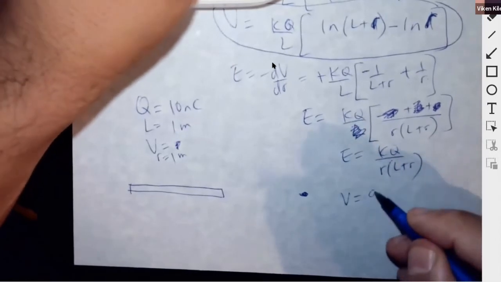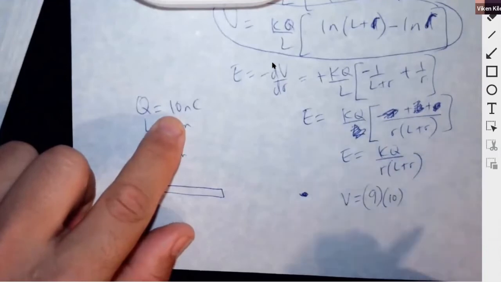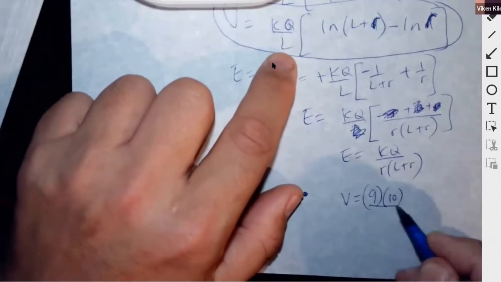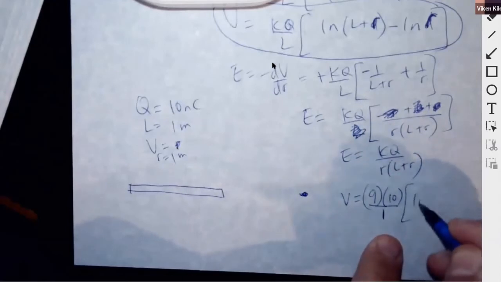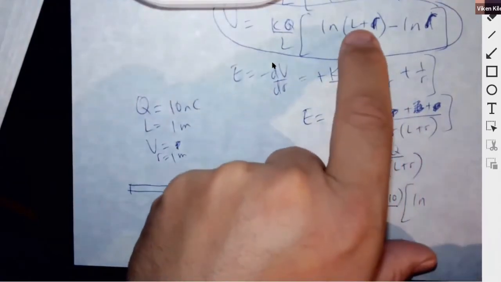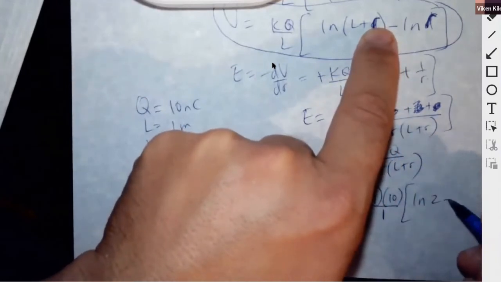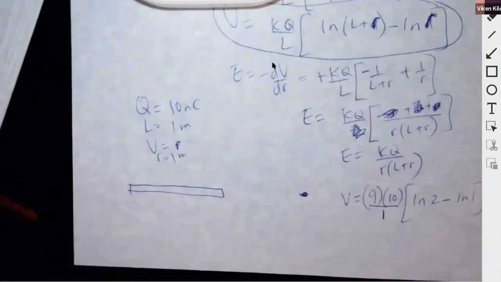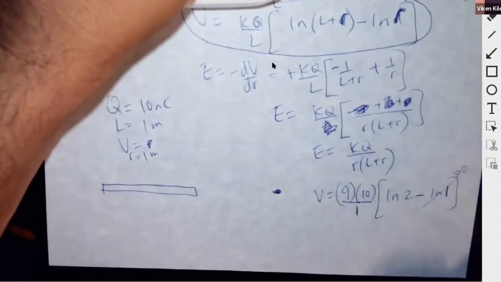Voltage, 9, and then the 10. The nano will cancel the 10 to the 9th, and then divide it by 1. So 9, 10, 1, and then ln of 1 plus 1, right? So that's going to be ln of 2 minus ln of 1. Oh, okay, that's easy. So just this cancels.